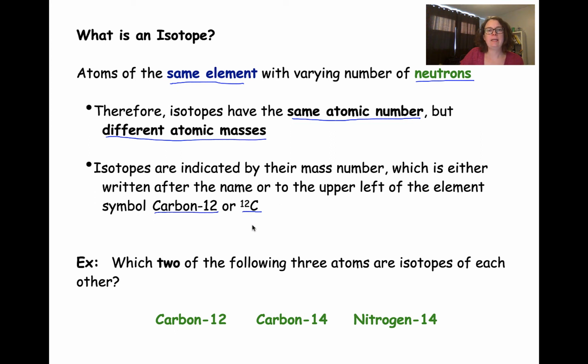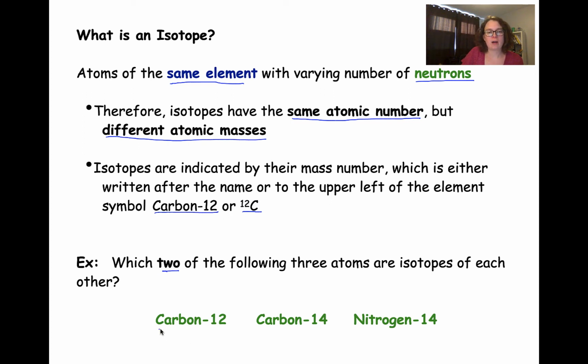Right, so any atoms that have the same number of protons but different number of neutrons are going to be considered isotopes. So if we look at this example, which 2 of the following 3 atoms are isotopes of each other? Right. Isotopes, same type of element, different mass.